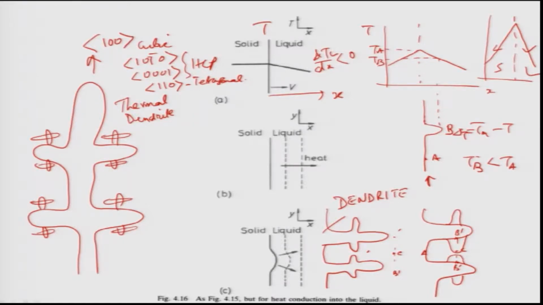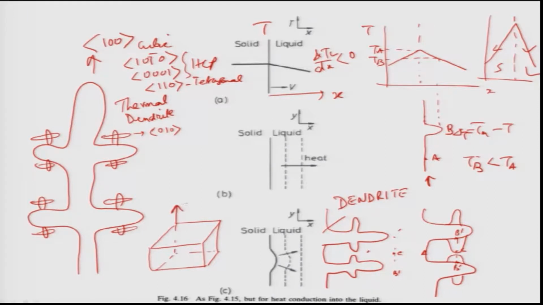So, for every crystal structure there are well defined growth directions normally observed when the dendrites grow. If this is the 1 1 0 direction, then this will be perpendicular to that, this one will be 0 1 0, okay. In a 3D structure, there will be 6 arms of the dendrites, because in a cubic crystal there are 6 1 0 0 directions, that is very clear. If you draw a simple cubic unit cell, there are 6 1 0 0 directions.